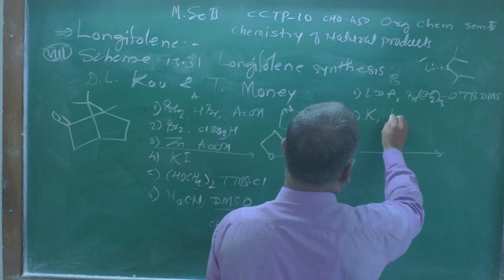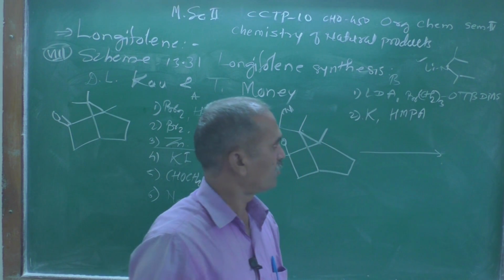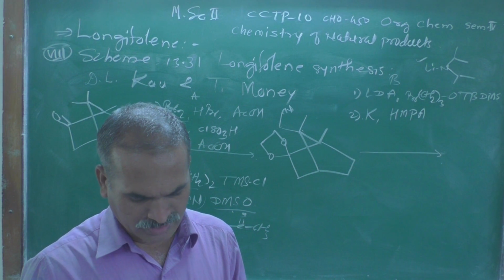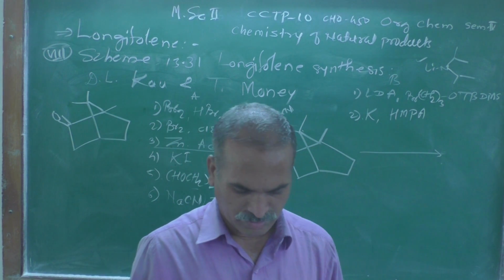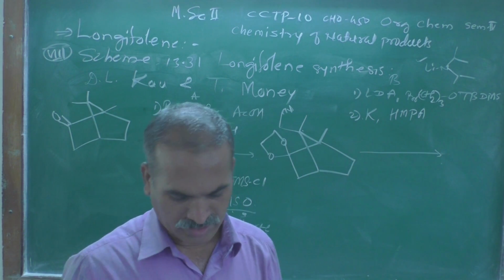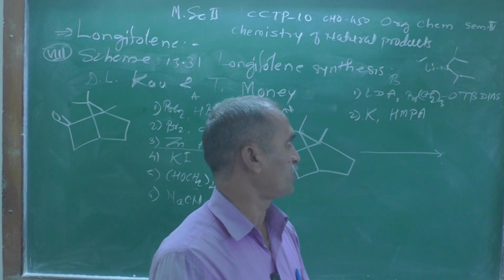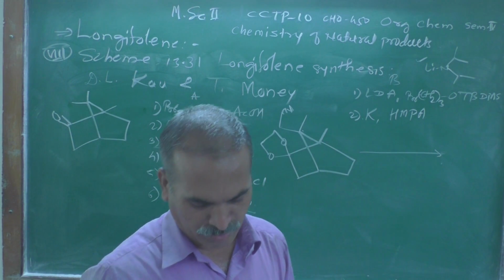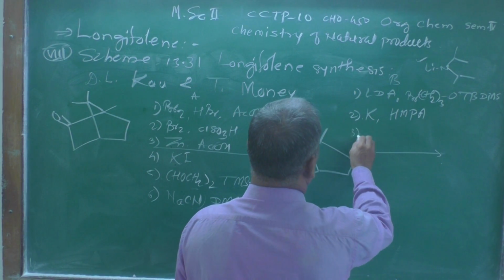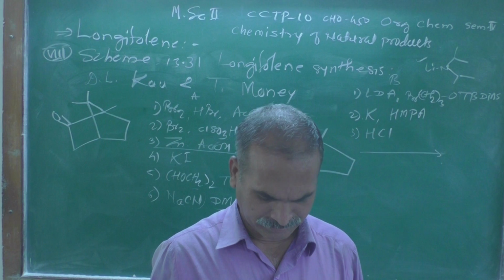K, a potassium, in presence of HMPA, hexamethylphosphoramide, and that structure also we will see later on, but here the meaning of HMPA is hexamethylphosphoramide. Then the third reagent added over here is HCl, hydrochloric acid.